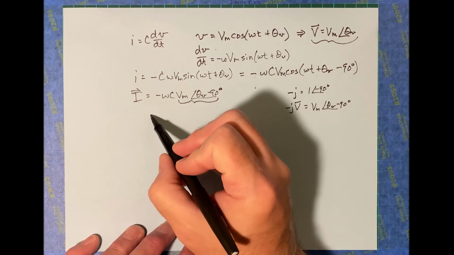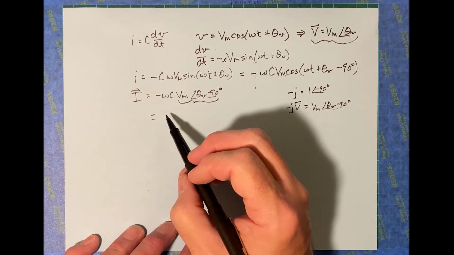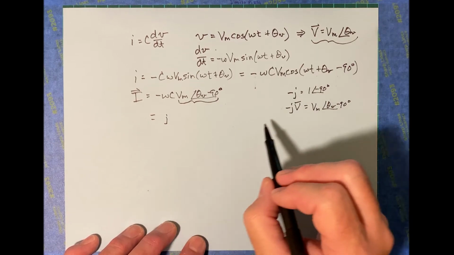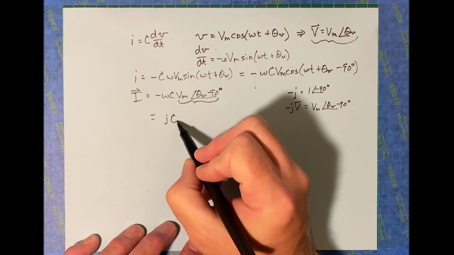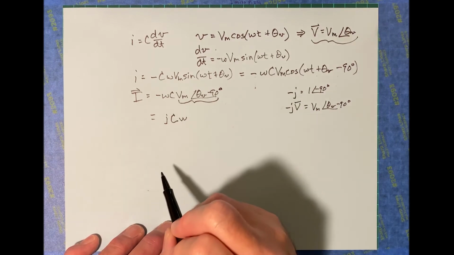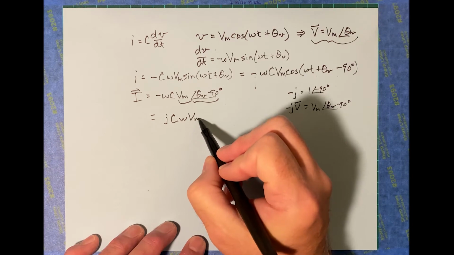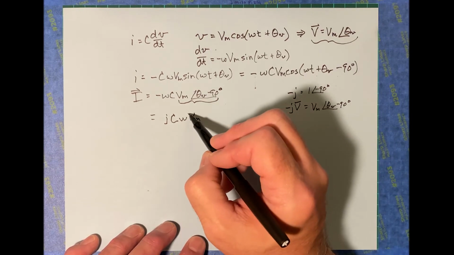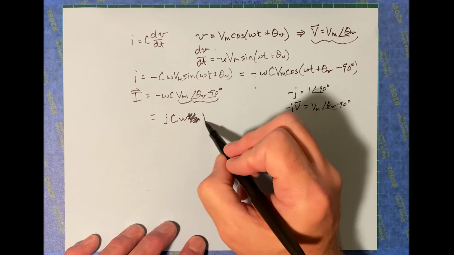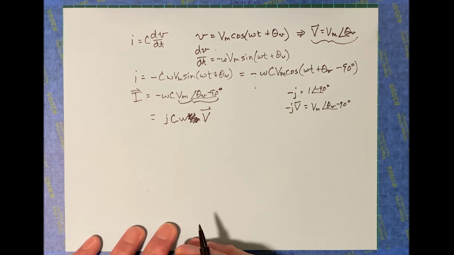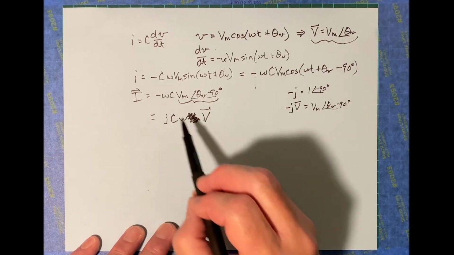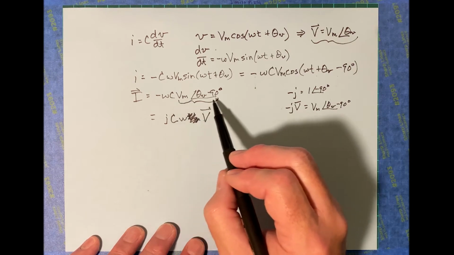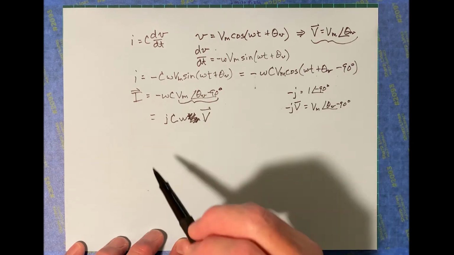So this is going to look like this. So there's the j, the minus signs cancel each other, the j comes out front, there's the omega, there's a c, and that part right there is just phasor v times j. Okay, so we got it.